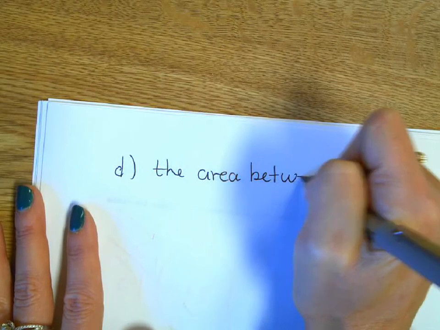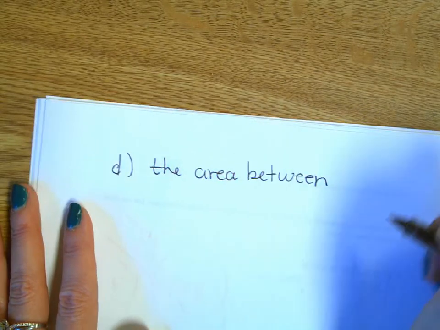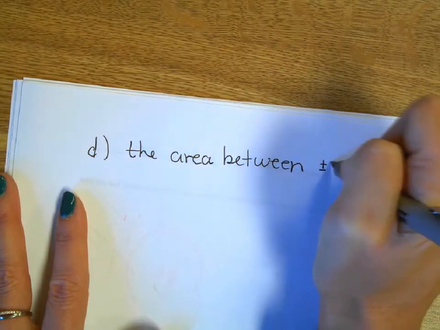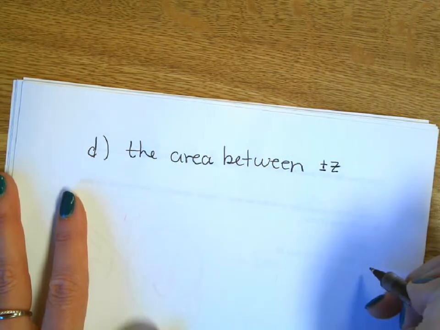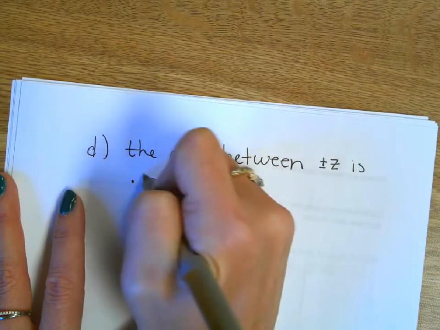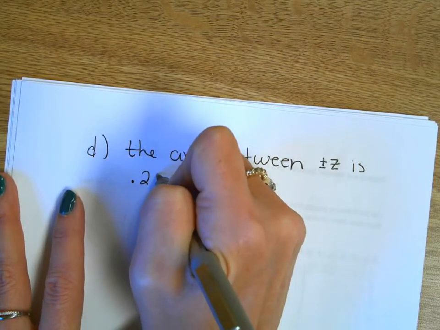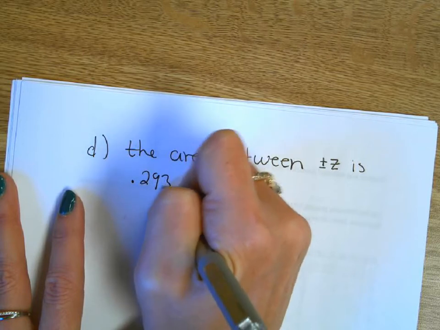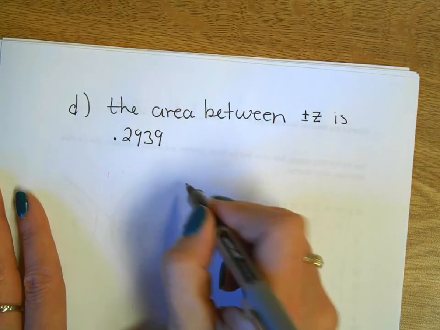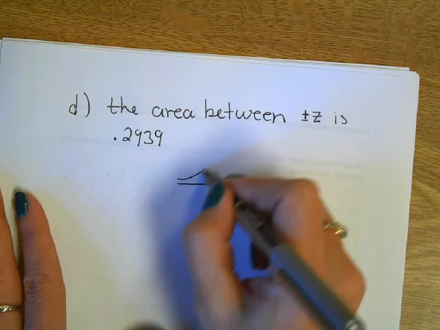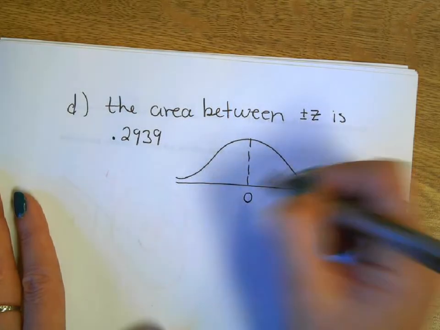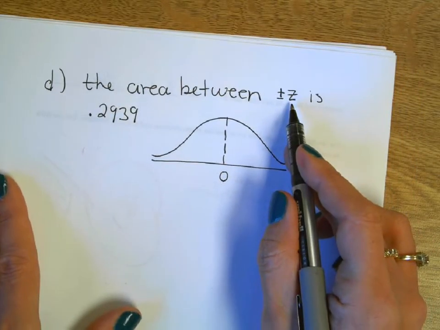The area between 2 symmetrical z-scores. I say it as plus and minus the same z. The area is 0.2939. So what that's saying, my 2 z-scores are equal but opposite.